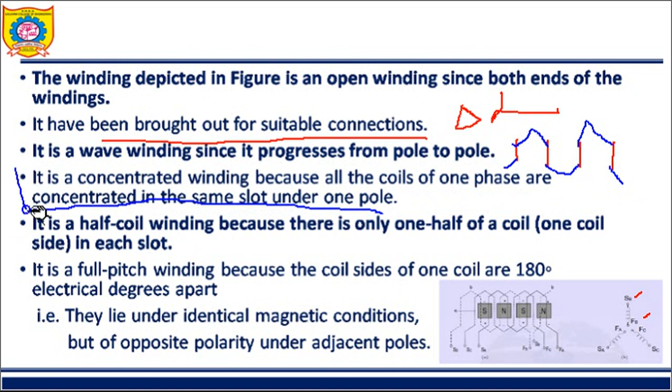This data is very important while solving problems; most of the time students make mistakes here. It is a half coil winding because there is only one half of a coil, one side of the coil, in each slot. The coil means this is called a coil. See here.